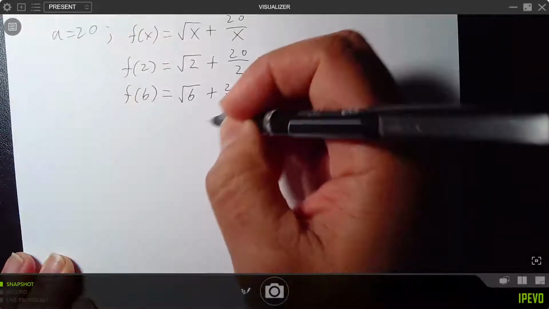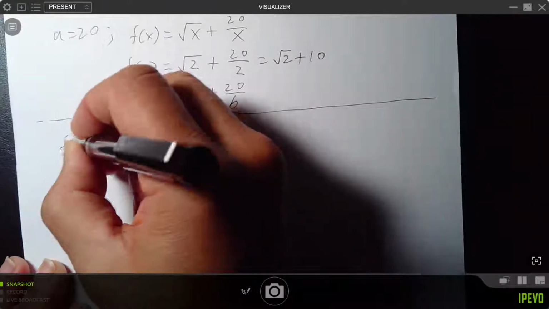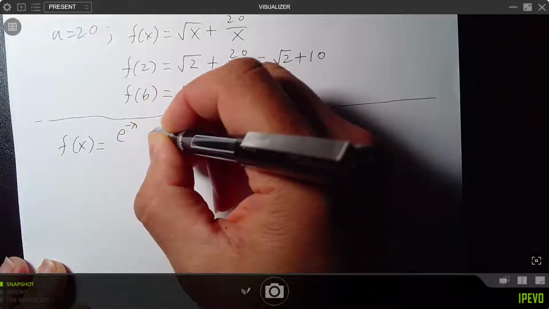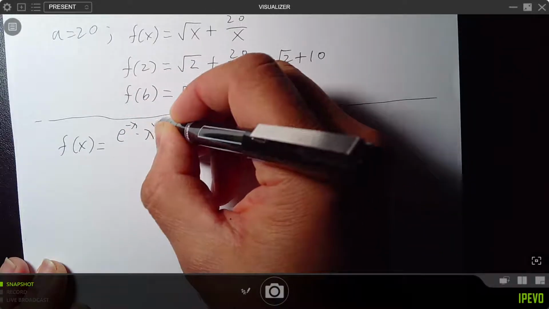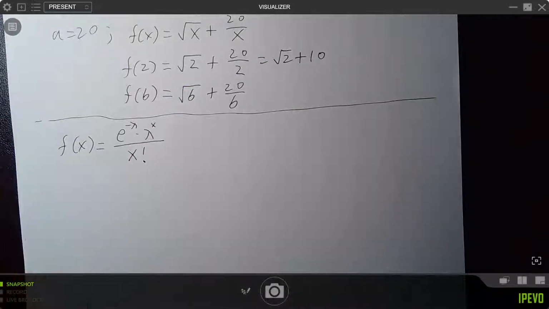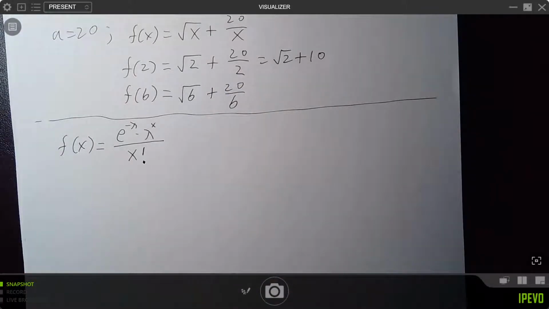Here's what that function will look like: f of x equals e to the negative lambda, times lambda to the x, over x factorial. This looks like a lot of Greek. It is quite literally a lot of Greek letters, but don't worry. This is one of the hardest probability functions that we will have to calculate.